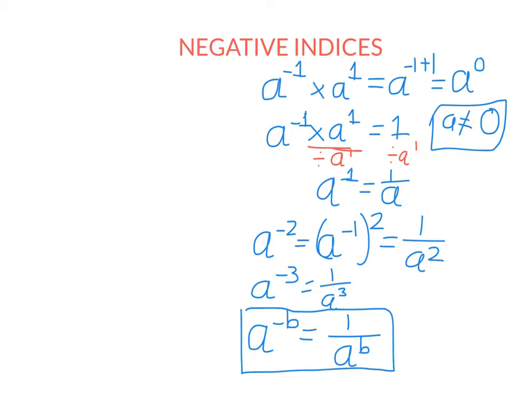So let's look at a few examples. Let's say we had something like 2 to the power of -5. When people get something like this, they seem to think, okay, well, 2 to the power of 5 is 32, so 2 to the power of -5 is -32. Well, that's not right.